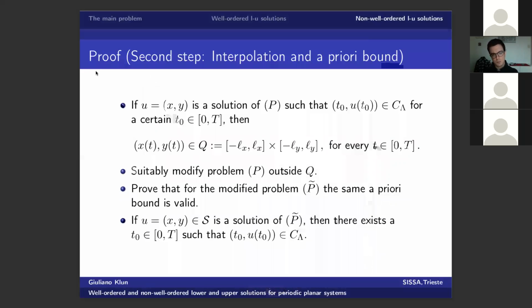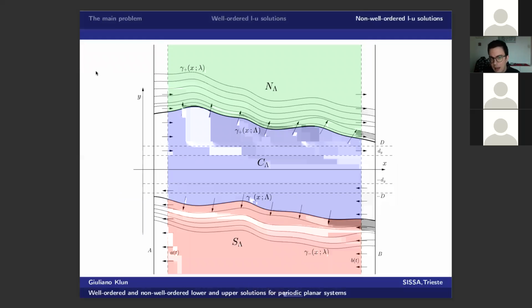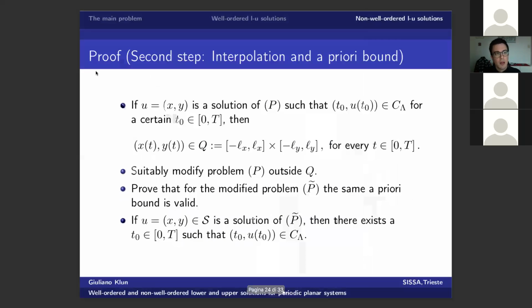So this is the same picture with the names of the regions. And we can prove that if u is a solution of P that touches the central zone for a certain time t equals t0, then the entire solution remains bounded in a sufficiently big square Q centered at the origin for every t.